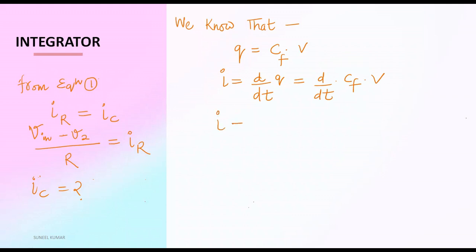Here we may have this constant CF out of this term d by dt of V, and this V is the voltage difference. So IC can be written as CF into d by dt of, what will be the voltage difference?